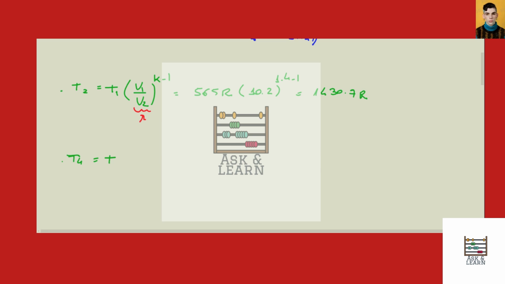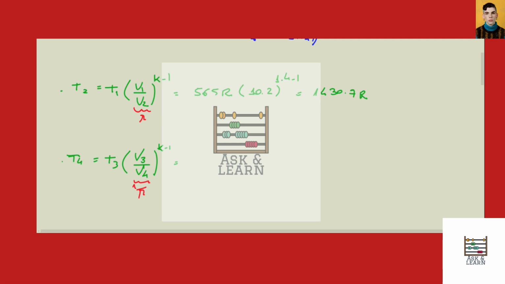Doing the same for the temperature 4, which is also an isentropic transformation with point 3 of the cycle. So this is T3 times (V3 over V4) to the K minus 1, and this is the inverse compression ratio, so this is 1 divided by r.